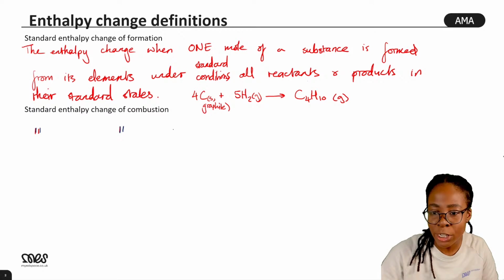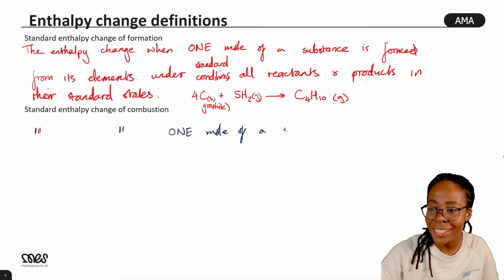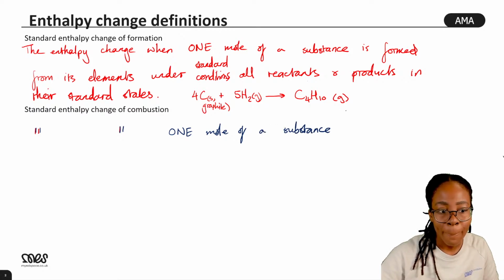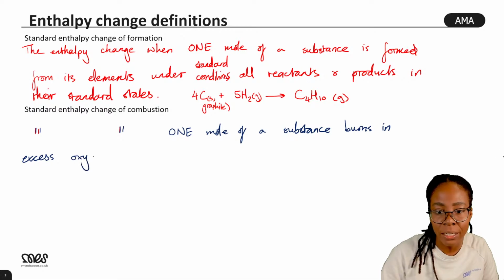Okay, so the enthalpy change when 1 mole of a substance burns in excess oxygen, or you can say undergoes complete combustion, same difference.